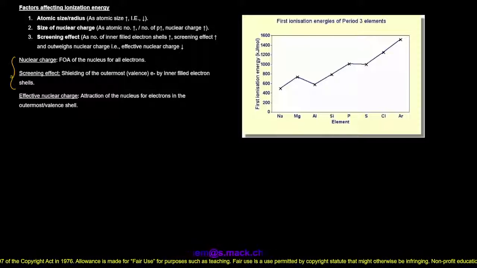We are going to look at how these three factors, atomic size, nuclear charge, and screening effect, change across a period in order for us to understand why first ionization energy will increase.